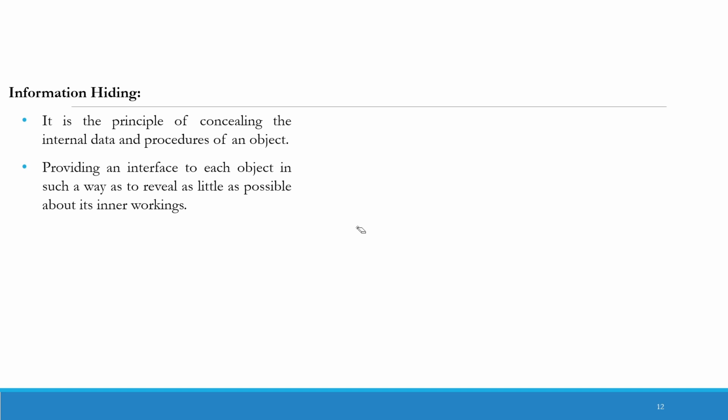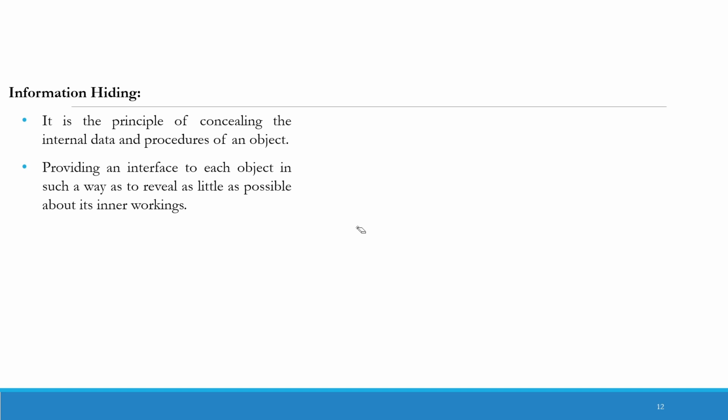So each object will have an interface with the other object, so that the other object may not know more about its internals, its internal data. This concept is called information hiding.